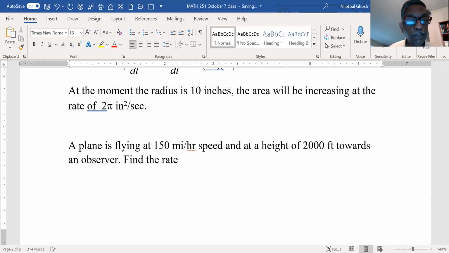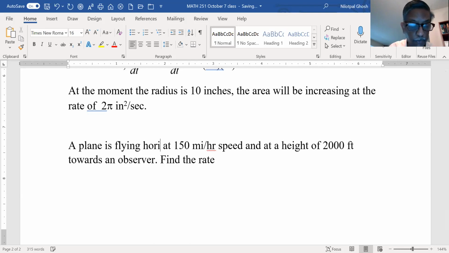Okay, which I did not mention possibly, flying horizontally. It's not going up and down, just flying horizontally.